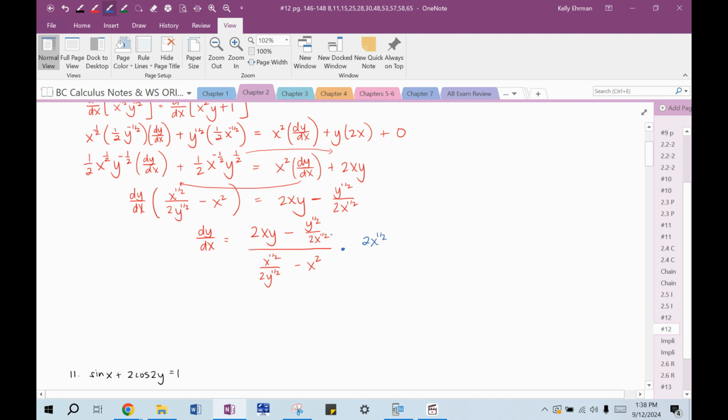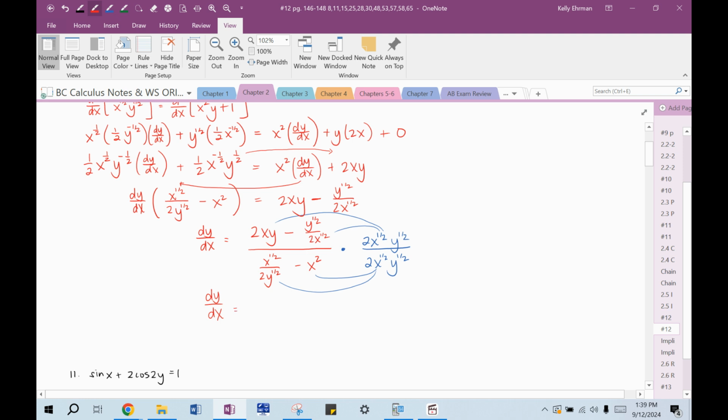So the common denominator there is 2x to the 1/2, y to the 1/2. And if you multiply by that LCD in the top and the bottom, you're multiplying by 1, so you're allowed to do that. And remember, you distribute that through. It should clear out the complex fraction and leave us with dy dx.